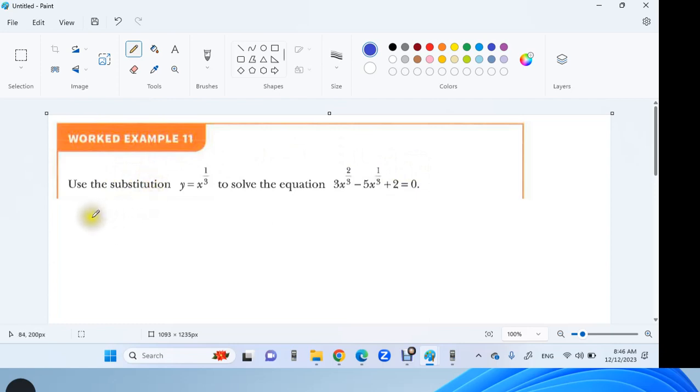So we have y is x power 1 over 3. Then y squared will be x power 1 over 3, power 2. That is x power 2 over 3.